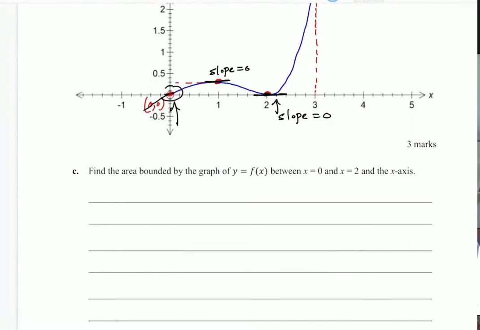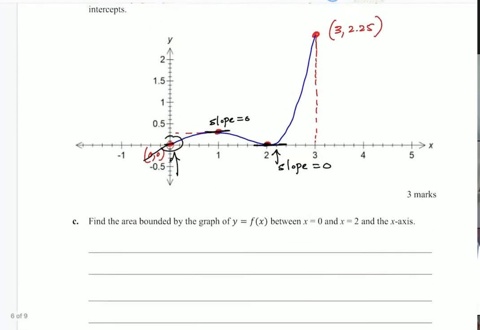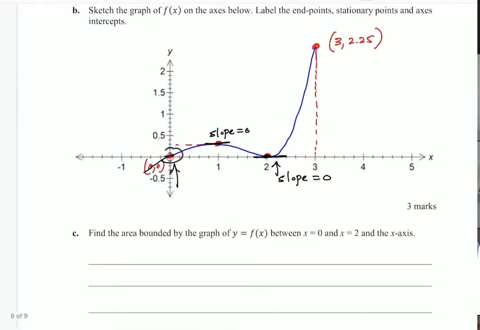Now find the area bounded by the graph. See how the question is: find the area bounded by the graph y is equal to f(x) between 0 and 2. That means they're asking you to find this area.